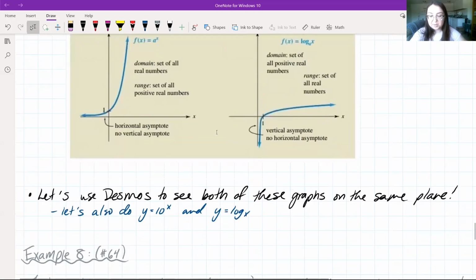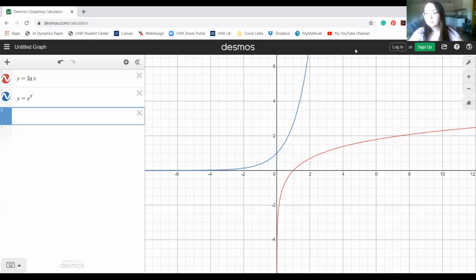Now we're going to use Desmos to see both of these graphs on the same plane, and we're also going to look at y equals 10 to the x power and y equals log of x. All right, so we're on Desmos, and our red line represents y equals the natural log of x. And our blue line is y equals e to the x. Now you may notice they look a little similar.